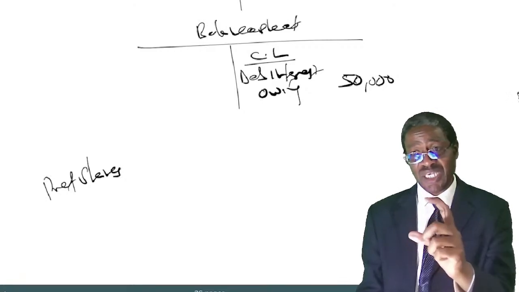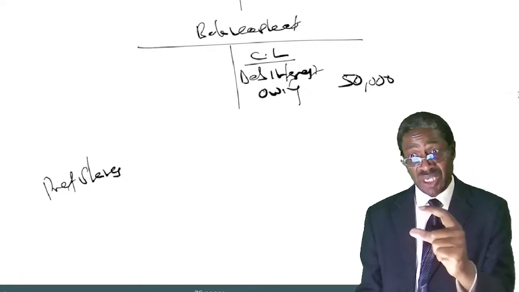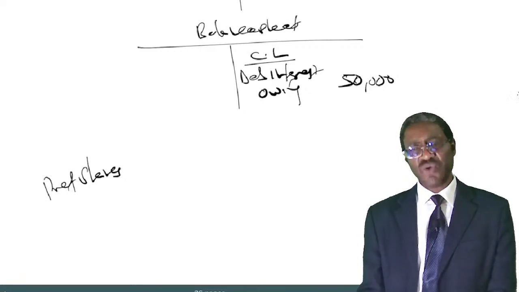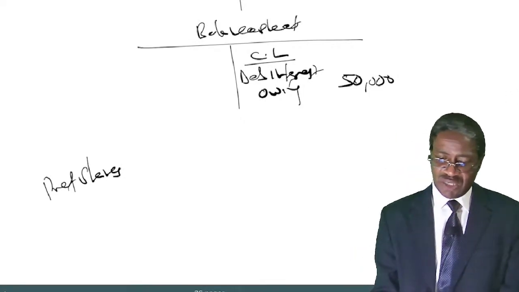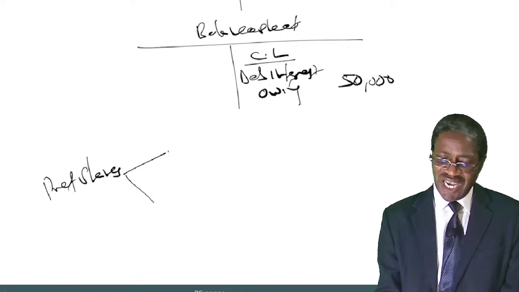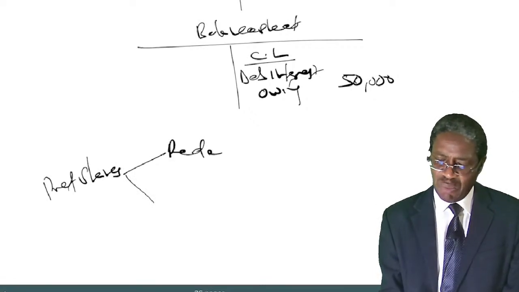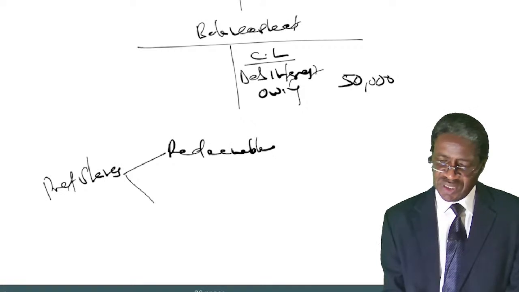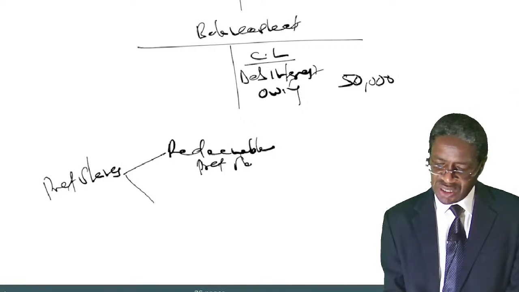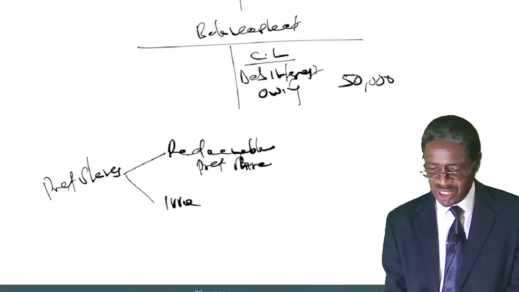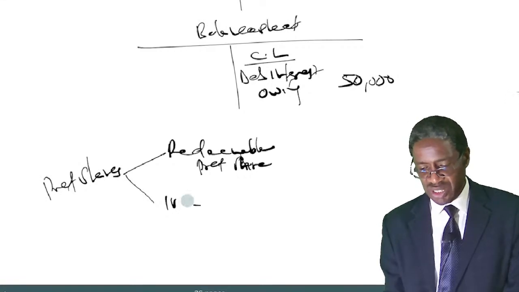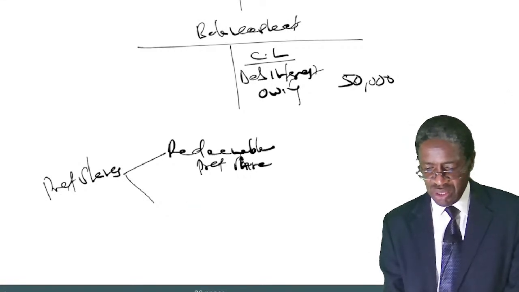You also know from your accounting knowledge that preference shares can either be redeemable preference shares, or your company may issue irredeemable preference shares, or non-redeemable. Let's just call them non-redeemable preference shares.